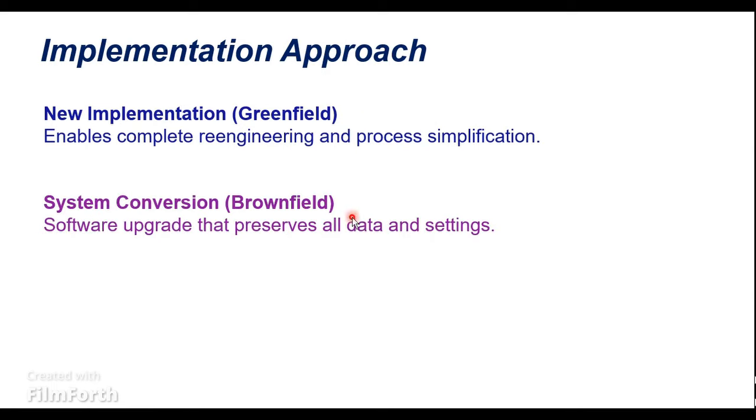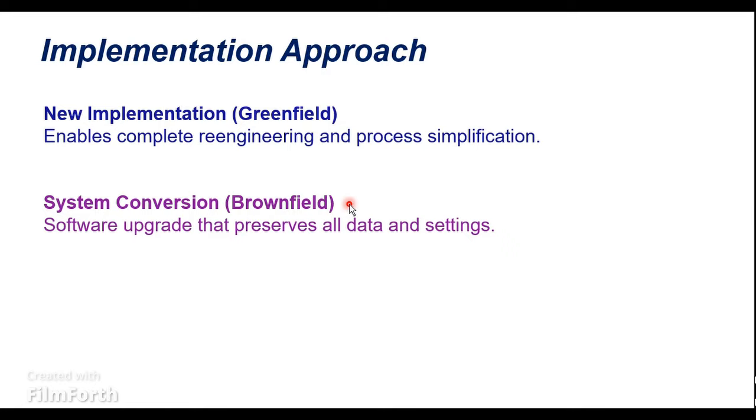And next we have the brownfield implementation. It basically talks about the conversion of the customer's system. In this scenario, the customer will already have SAP installed, but it might be on a lower version. A few examples: they would like to convert or migrate from SAP ECC to SAP S/4HANA, right? Those projects will be considered brownfield implementations.